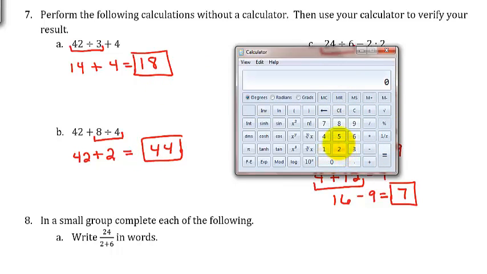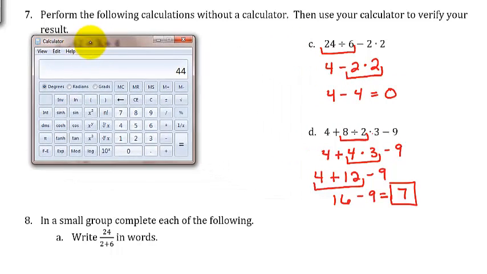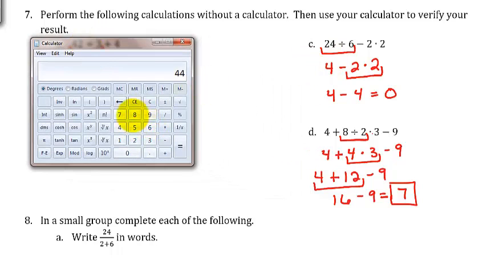And then example B, 42 plus 8 divided by 4, and we get 44 just like we did when we calculated it by hand. And then example C, we have 24 divided by 6 minus 2 times 2, and we get 0, which is what we got when we did it by hand as well.